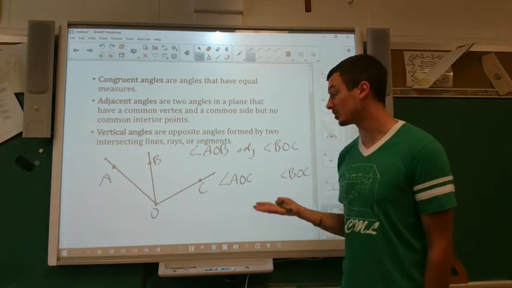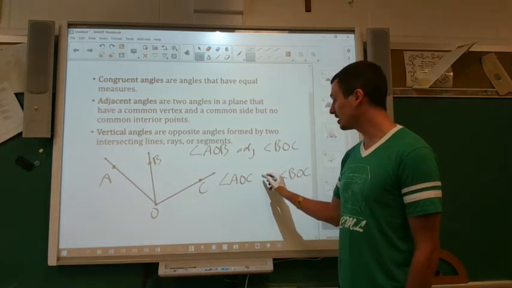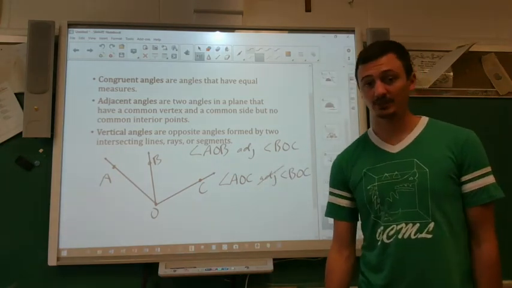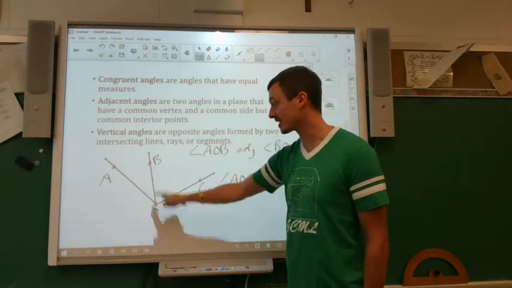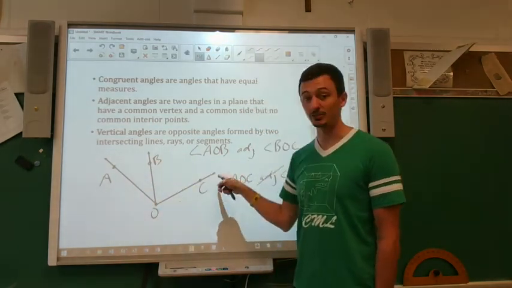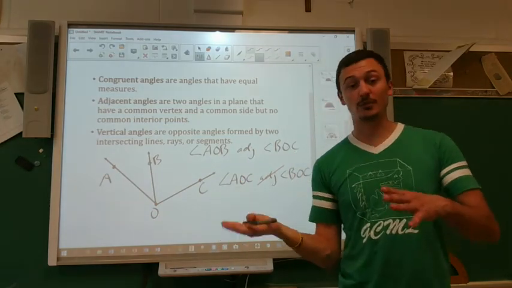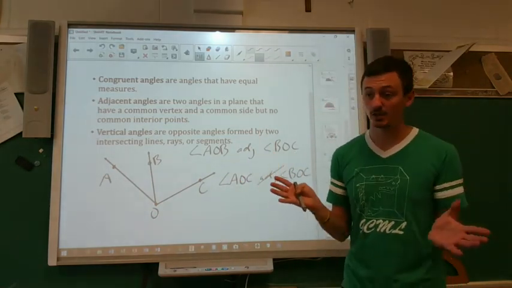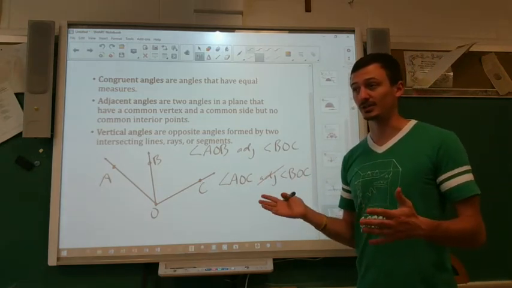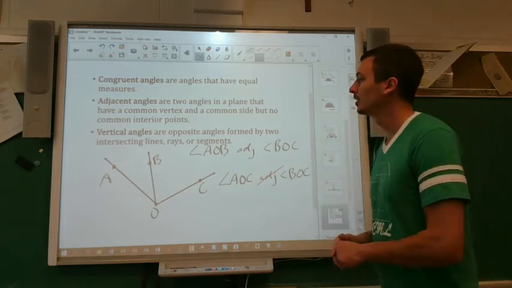And that can't happen. So angle AOC and angle BOC are not adjacent because they share this inside point. Or I should say this point is inside the bigger angle. So if you have a part of one angle inside the other angle, they are not adjacent angles. One is just on the interior of the other one.